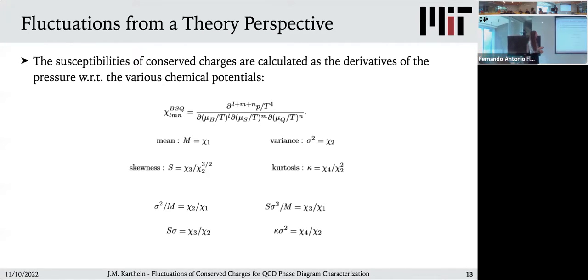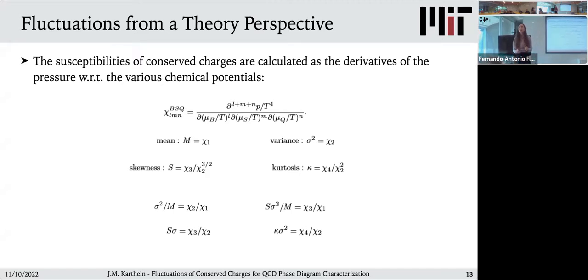So, for example, with one derivative, chi_1 is going to be the mean, chi_2 the variance, and so on and so forth. And again, the power of taking these ratios of different moments also gives us the ability to do a naive comparison between experiment and theory, because we have access to the same quantities. Where in the experiment you have, for example, the variance over the mean, we can calculate chi_2 over chi_1.